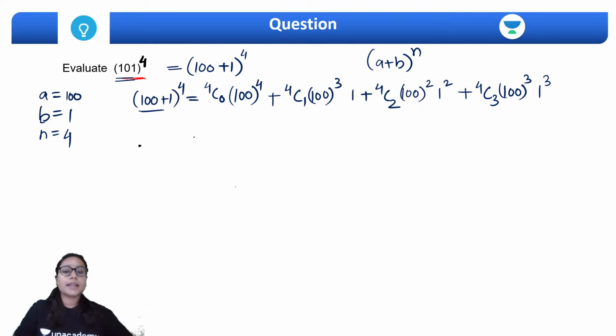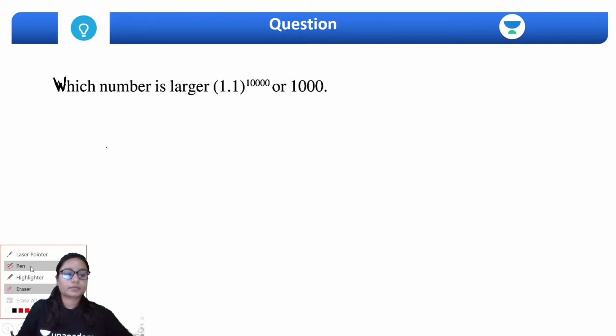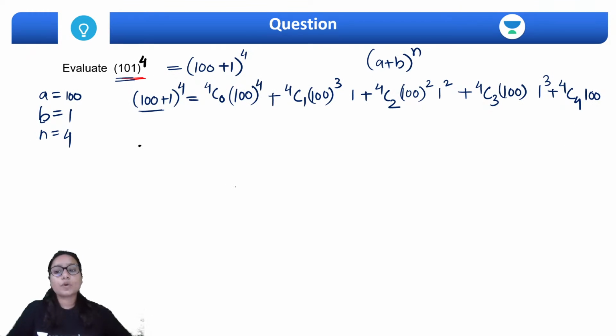Then finally the last term of this expansion will be 4C4, 100 raised to the power 0 and 1 raised to the power 4. The exponents of 100 are decreasing.